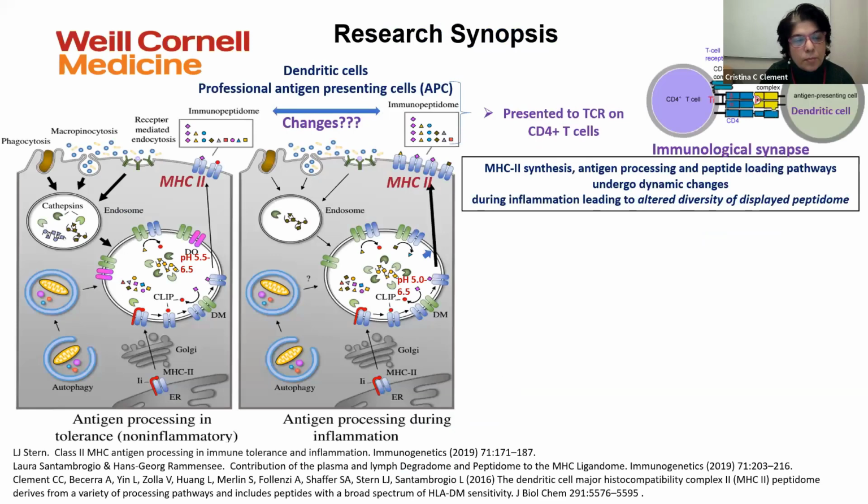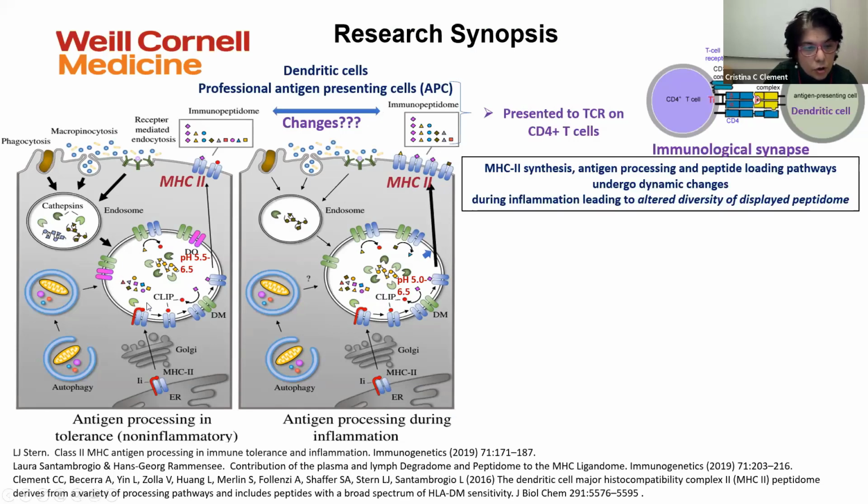Our lab is focusing primarily on understanding antigen processing and presentation. On the left side of this screen, you can see a typical antigen presenting cell, which is a dendritic cell. The antigens from extracellular or intracellular compartments are cleaved inside the late endosomal compartment into very small peptides, as some of you already know.